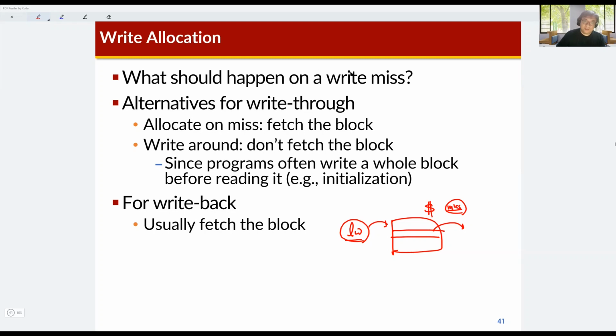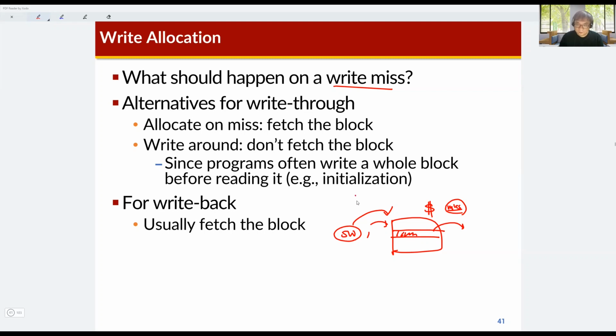And how about the write-miss? A store instruction is executed, but the target data is not found in the cache.